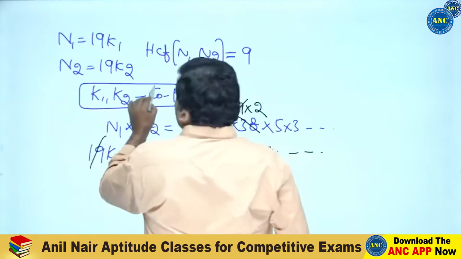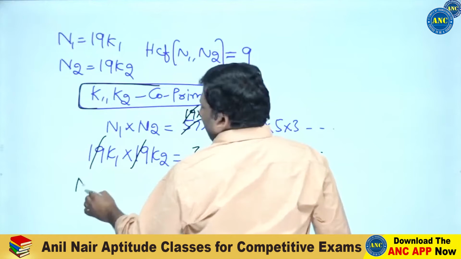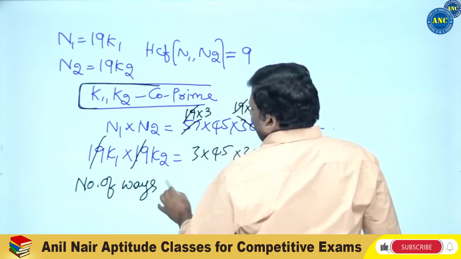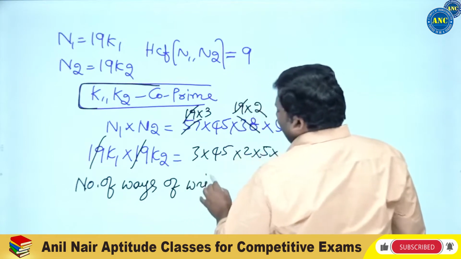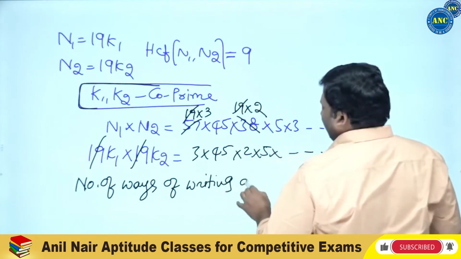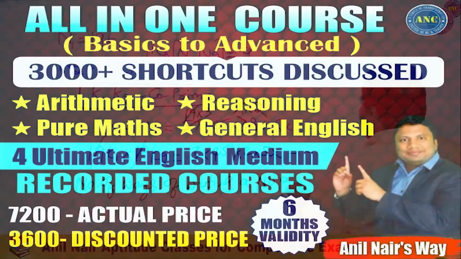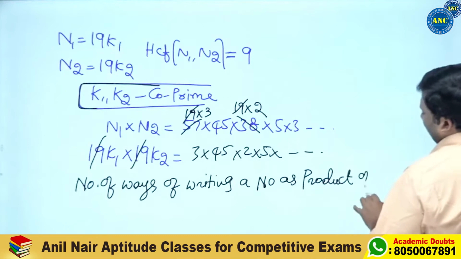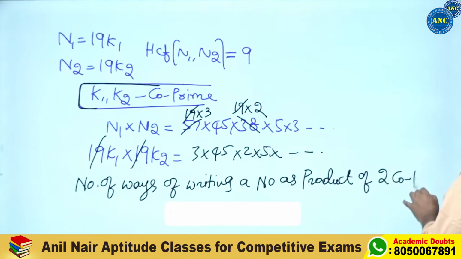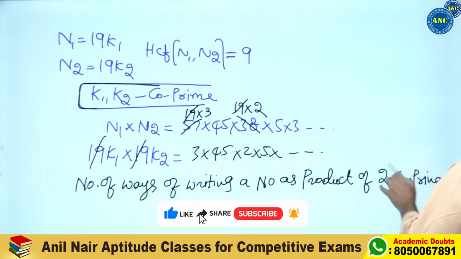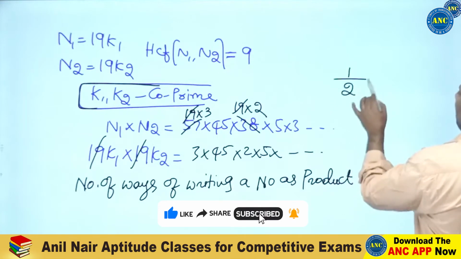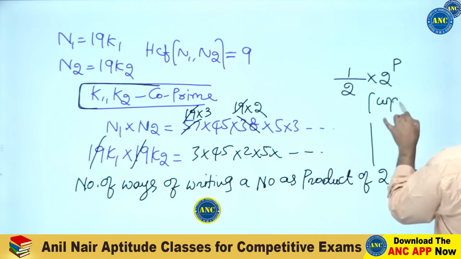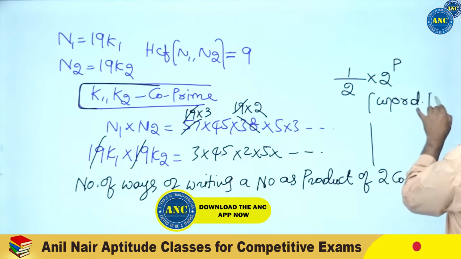What are the two co-primes here? K1 and K2. Please write down this concept. Number of ways of writing a number as a product of two co-primes is given by half of 2 power p in an unordered pair.